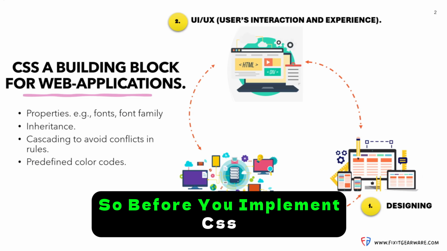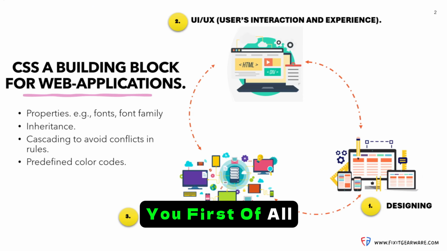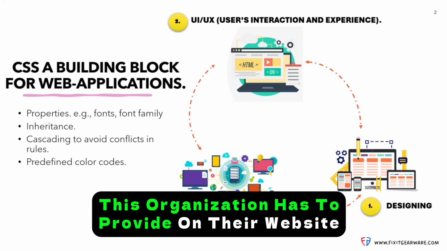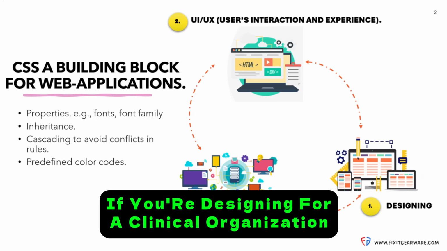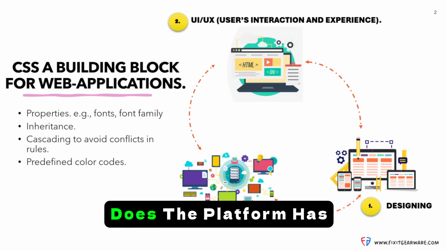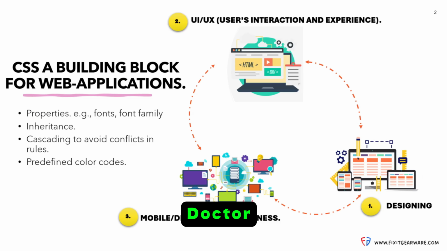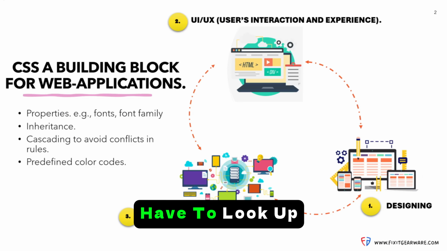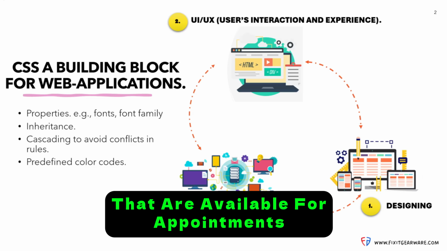So before you implement CSS on these various web applications, you first of all have to understand the nature of the services this organization has to provide on their website. For example, if you're designing for a clinical organization, does the platform have a section where users reserve appointments to see a doctor? Or does it have a section where users look up the names of doctors that are available for appointments?